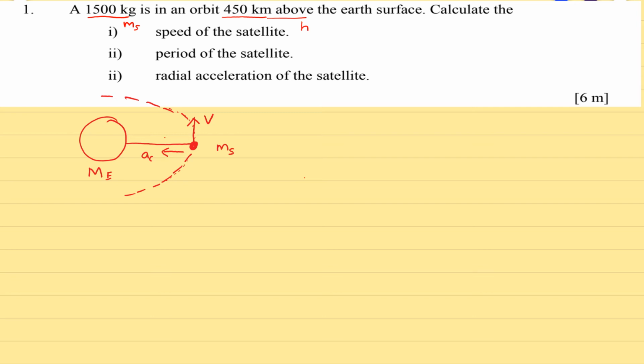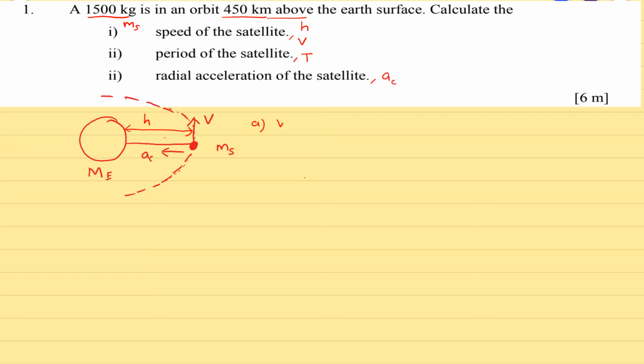The altitude is from the surface to the object, H. Calculate the speed of the satellite, so we want to calculate V, period, and radial acceleration, so a_c.